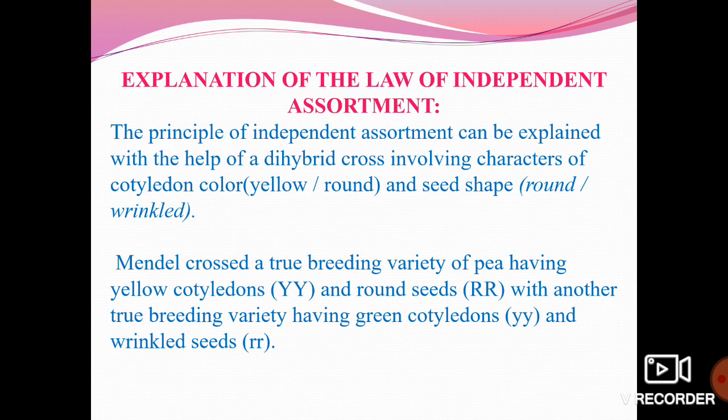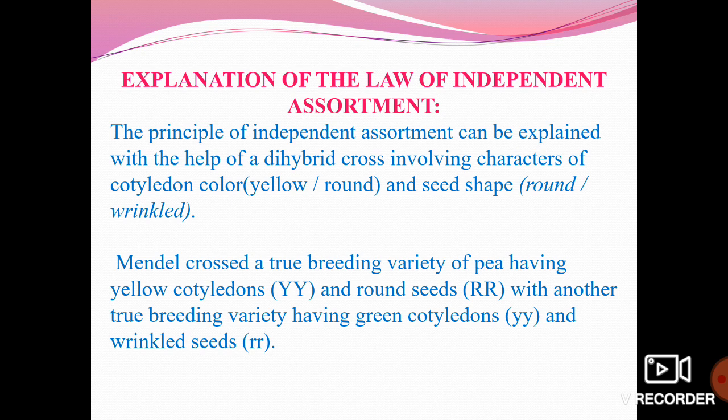To understand that, we have to look into the explanation. It can be explained with the help of a dihybrid cross involving the characters of cotyledon, as I said, round and wrinkled shape, and of course the color, that is yellow and green.